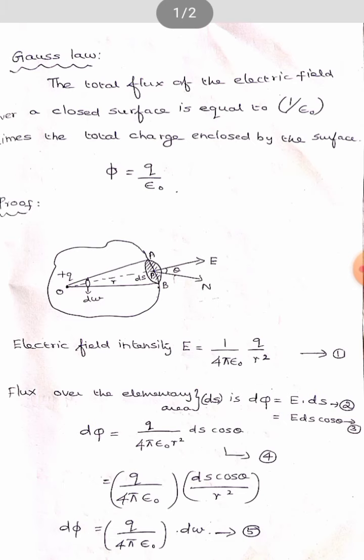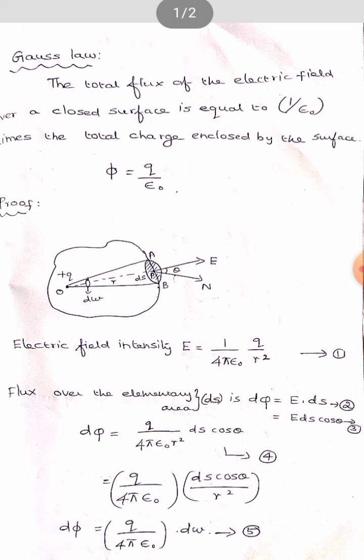It is an elementary surface. There is a point P at which the electric field intensity of this particular surface exists. So that is denoted as P.